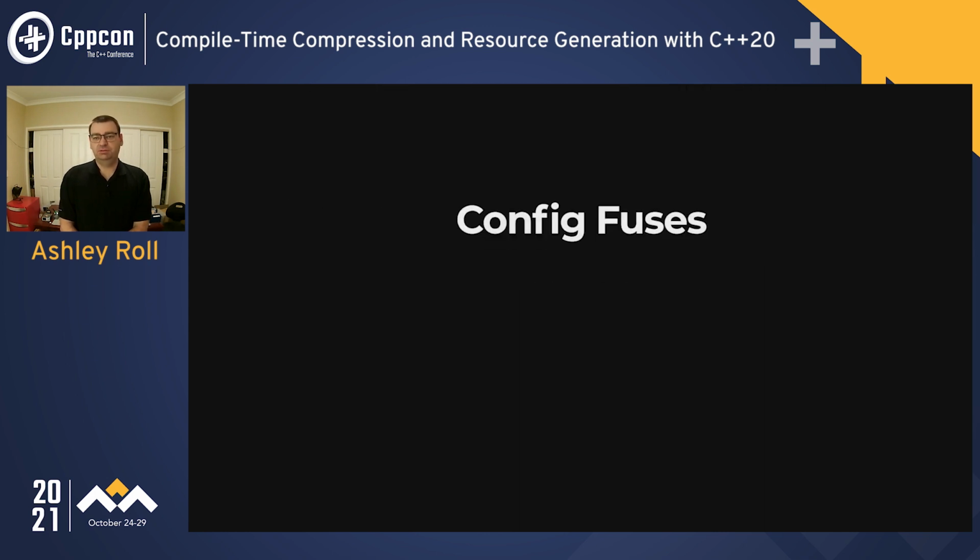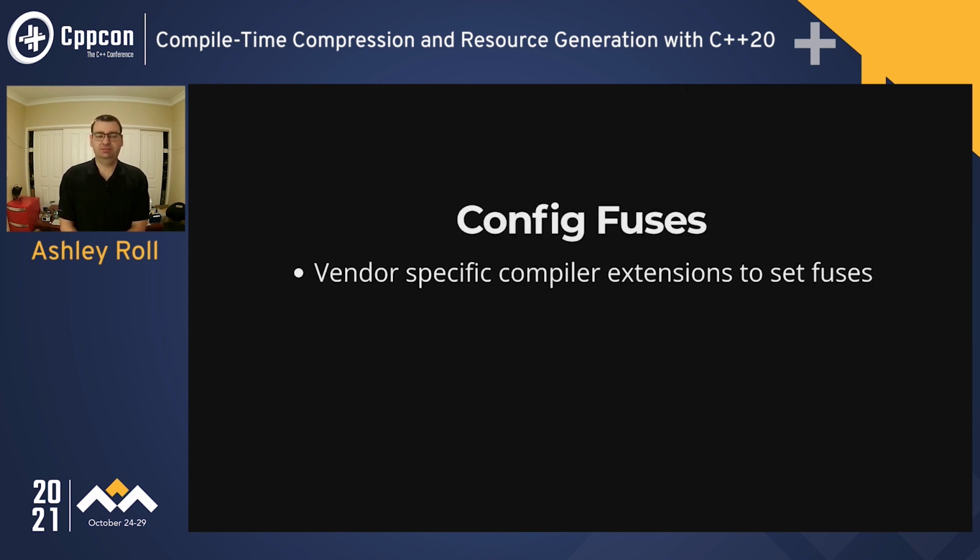Currently this is handled in compilers by vendor-specific extensions. Some of these are more directed to the way C is used quite a lot, but it's done the same way if you're using C++ in those environments.